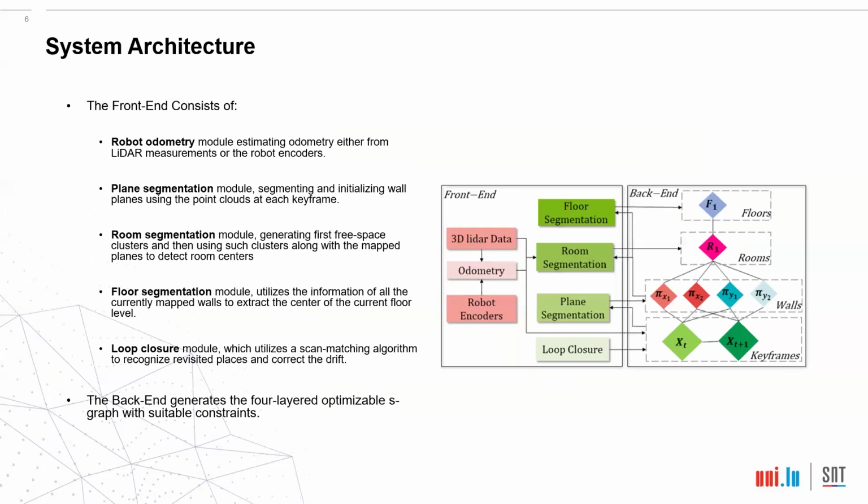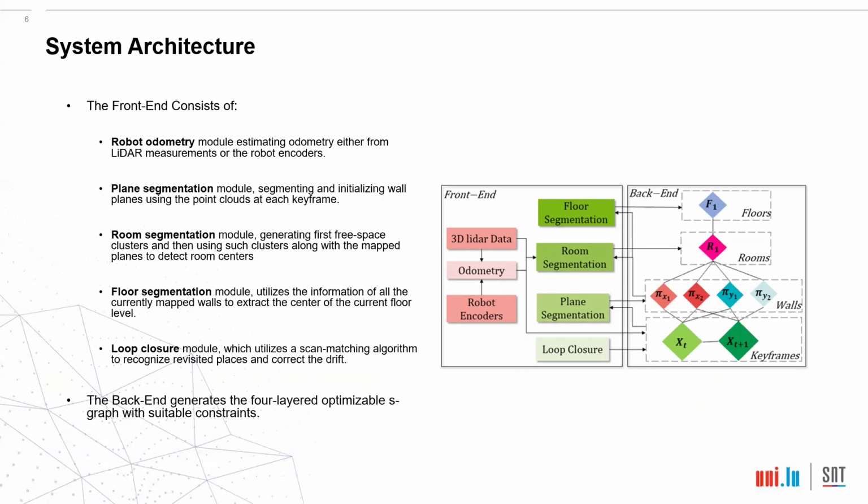The front end of S-Graph Plus consists of robot odometry generated by either robot encoders or 3D LiDAR measurements. A plane segmentation module extracts all the wall planes from the point cloud snapshot at each keyframe. A room segmentation module utilizes free space clusters along with map wall planes of the latest keyframe to extract room centers.